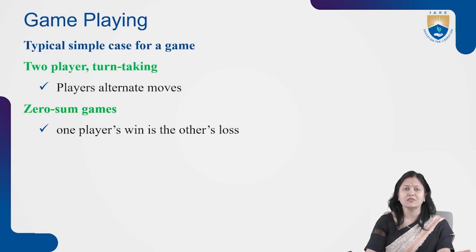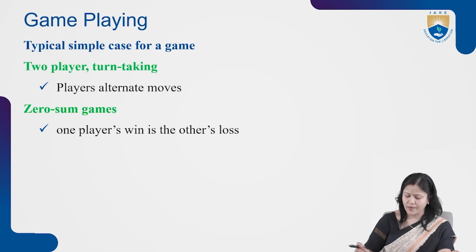That means in a zero-sum game, the sum of all the wins and losses is equal to zero. That is why it is called a zero-sum game. As two opponent parties play against each other, one's win or loss will be balanced with the other person's win or loss.